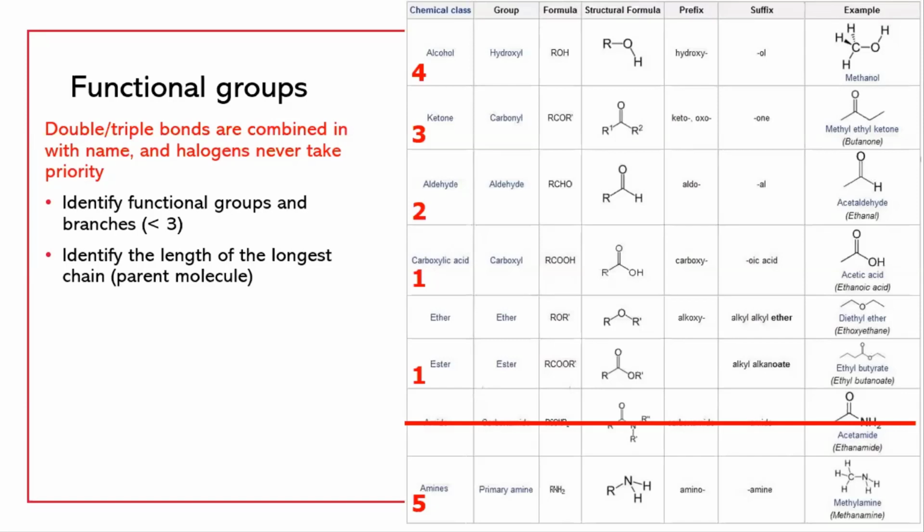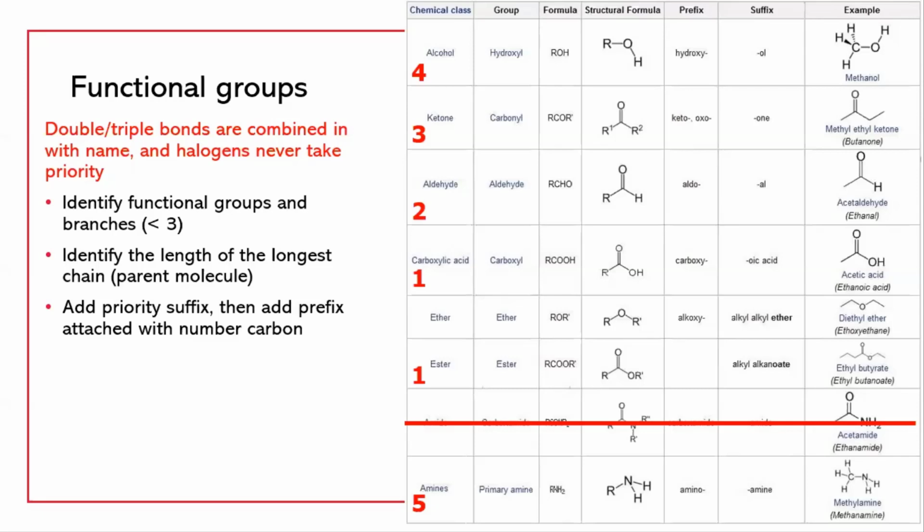If there's 4, it's but. 7, hept, etc., etc. So we name our molecule after the longest chain. We add our priority suffix and then our prefix attached to the number of carbons. So let's say we've got a 5 long carbon chain. It's got a carboxylic acid essentially, so a carboxyl group on the end, and we've got an alcohol on the second carbon from the end.